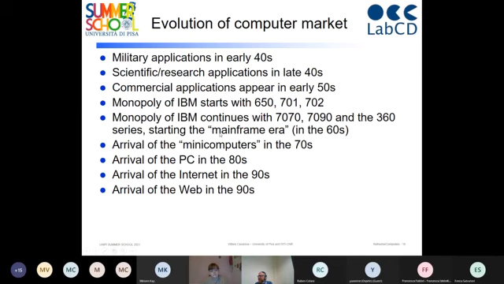Now this monopoly of IBM and this monopoly of this big mainframe, really big, all of a sudden, it took a few years, but again, not 10 years, just a few years, started to be changed by the arrival of mini computers in the early 70s. And what were mini computers?